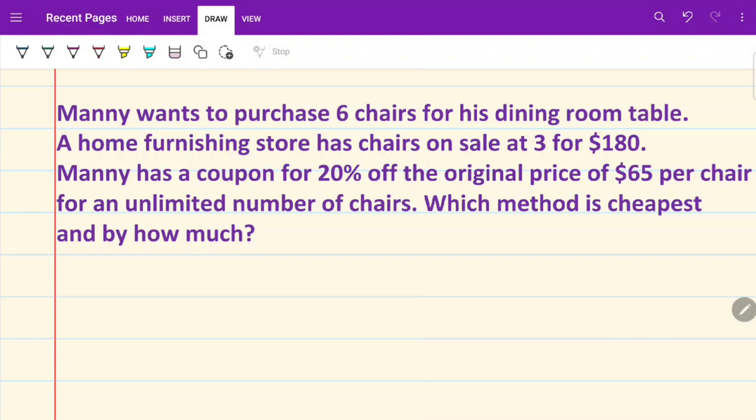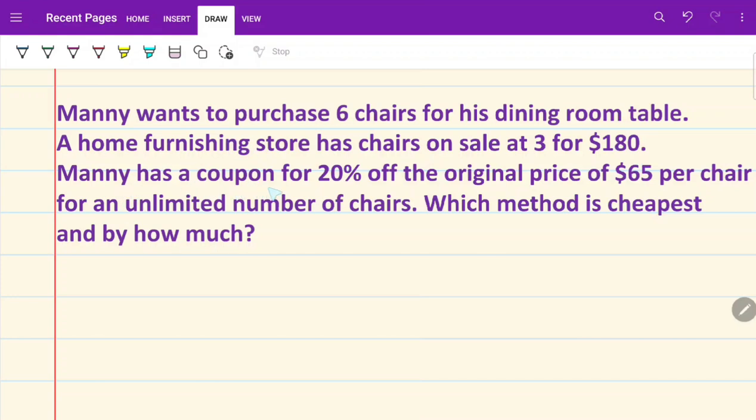All right. So I'm first going to read through this problem and try to understand what is being asked of us. It says here Manny wants to purchase 6 chairs for his dining room table. A home furnishing store has chairs on sale at 3 for $180.